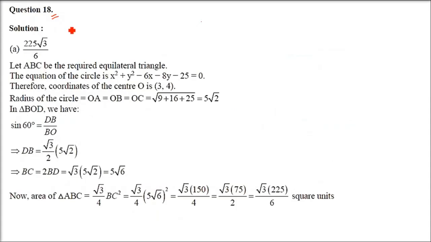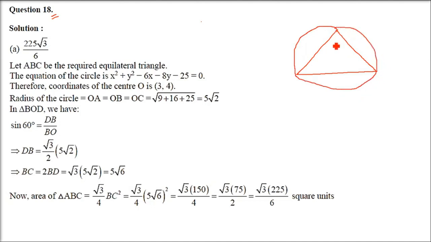This is question number 18. The area of an equilateral triangle inscribed in the circle. So this is the equilateral triangle, sides are equal, angles are equal, 60 degrees. So we have an equilateral triangle inscribed in the circle.